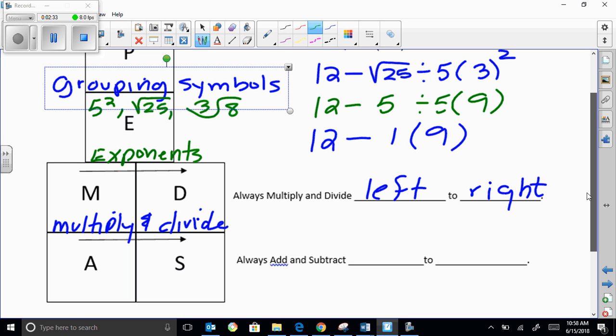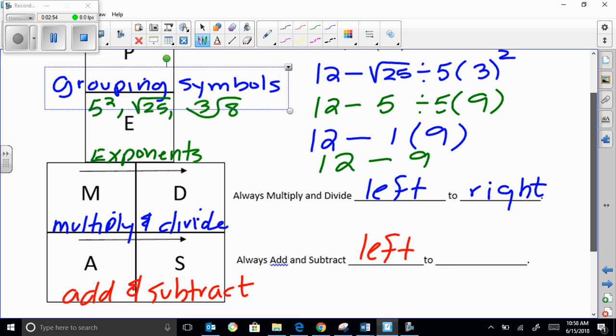Then from there, I'm going to go 12 minus 9. 1 times 9 is 9. Adding and subtracting is very much like this. Add and subtract from left to right, whichever comes first.